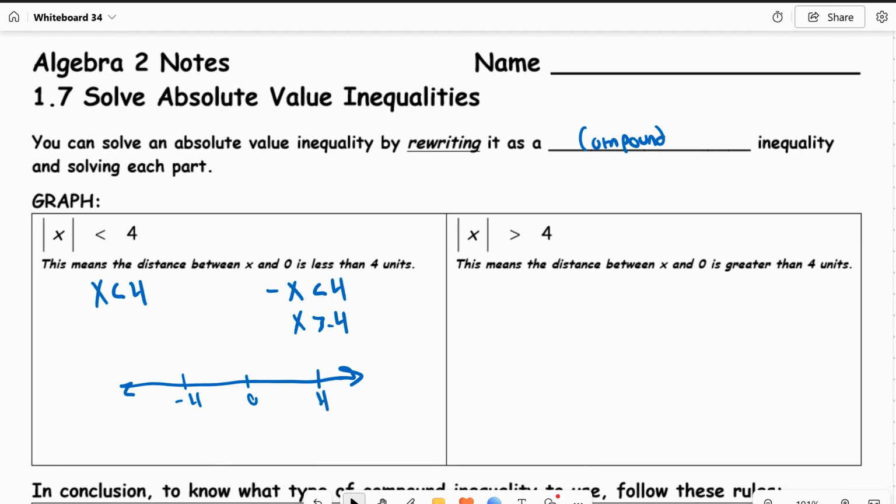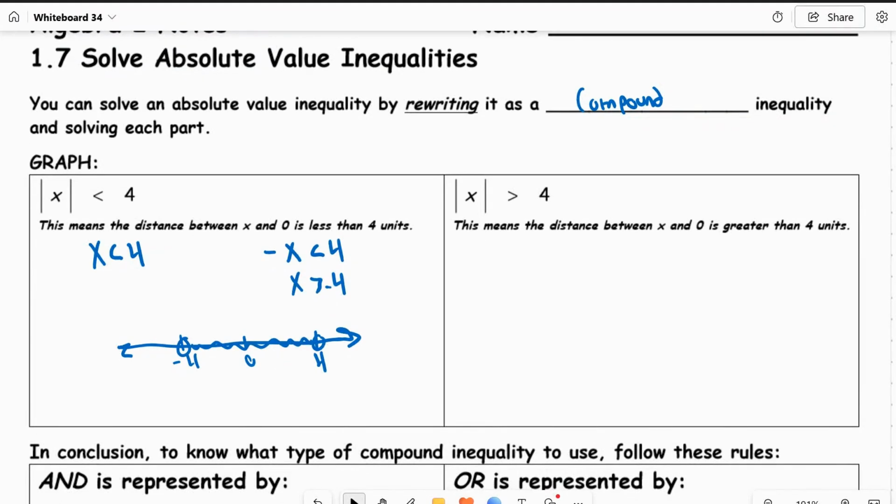Graphing both of these, I would have x is greater than negative 4 and x is less than 4, which, as you can see from the graph, is an "and" example. So my final solution would be x is less than 4 and x is greater than negative 4.